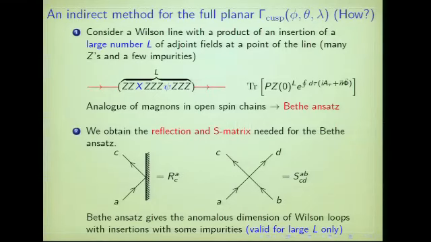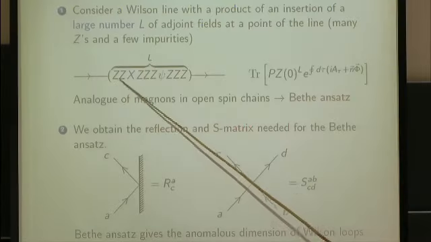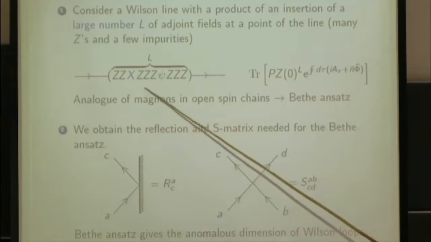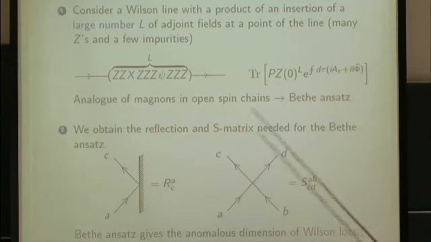The method I'm going to present is pretty indirect, as I said. I will start with a Wilson loop, but I'm going to consider a deformation by inserting a local operator. These letters here mean different fields of N=4 super Yang-Mills. They are adjoint fields, so they are matrices, and you can naturally write them as a chain of fields.